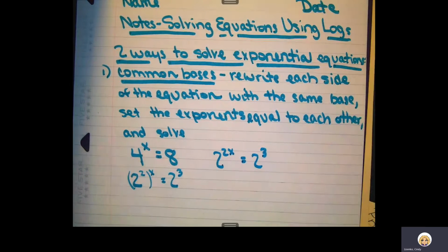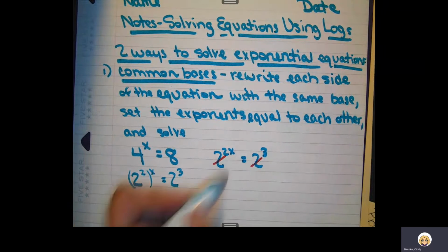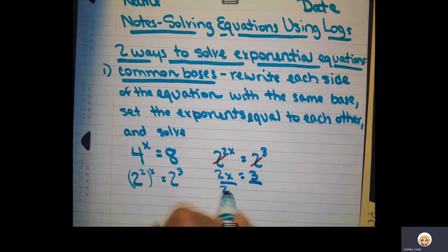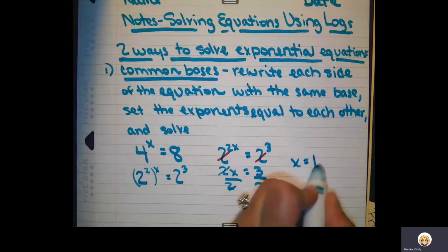Since we have common bases, we can cross out the bases and set the exponents equal to each other. So we have 2x equals 3. To solve this, we get x alone by dividing both sides by 2. The 2's cancel. If I use my calculator, 3 divided by 2 gives us 1.5. So we're allowed to use common bases here.